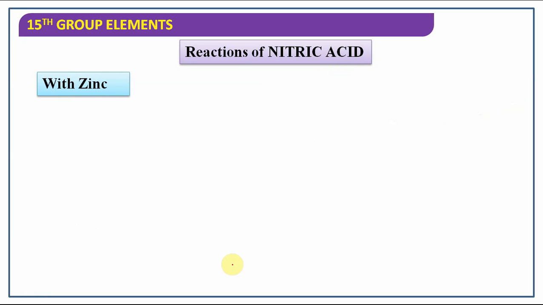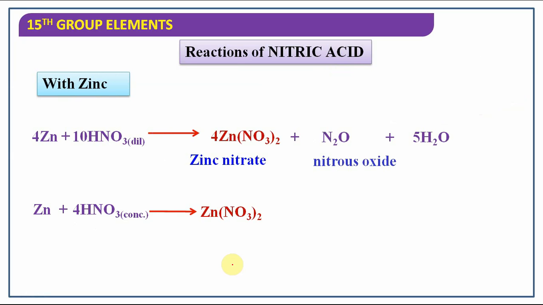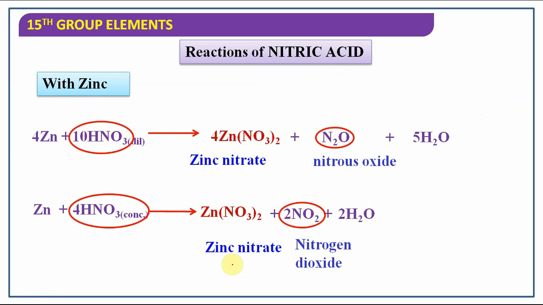With zinc, metal plus acid gives metal salt. Zinc plus dilute HNO3 and zinc plus concentrated HNO3. Whenever zinc reacts with dilute HNO3, it gives zinc nitrate. It is common. With concentrated nitric acid also zinc nitrate. But here, N2O and NO2. When we discuss these two reactions simultaneously, you will get confused.